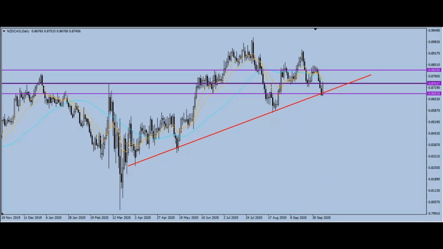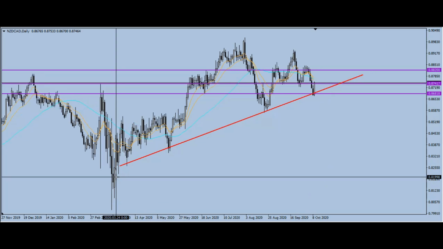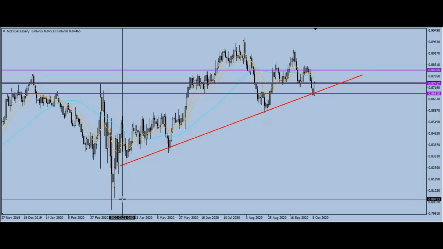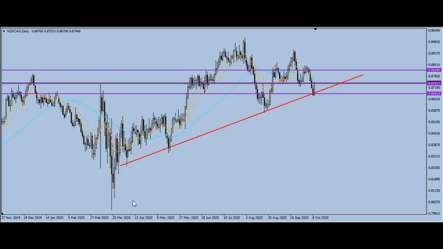I think it started around the 31st of March, that's around March this year, and this trend has been active for about 6 to 7 months, because between March and October is around 7 months I guess. So this trend line has actually been directing price over this period of time, and it shows that the trend line is valid.